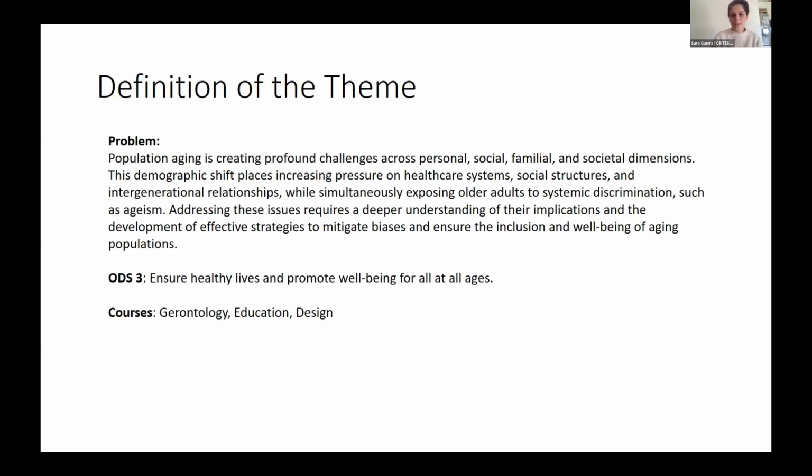Addressing these issues requires a deeper understanding of their applications and the development of effective strategies to mitigate biases and ensure the inclusion and well-being of aging populations. So this is aligned with SDG 3, ensure healthy lives and promote well-being for all at all ages. And we think that we can integrate the courses of gerontology, education, and design.